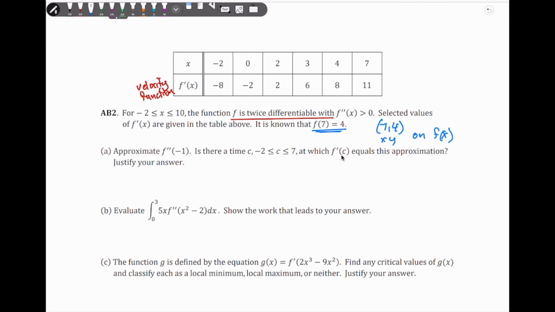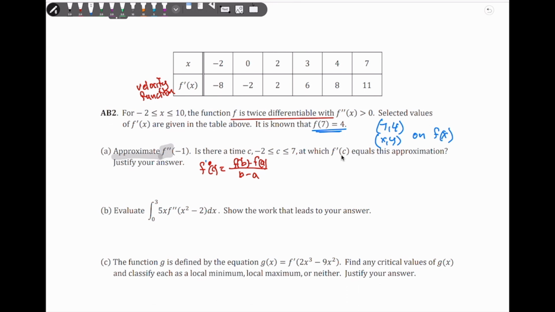So you could say the xy point on f of x is (7, 4). All right, so part A says approximate f double prime at -1. So we're going to find f double prime, and it says approximate. So this is that f prime of c equals f of b minus f of a interpretation, as far as the instantaneous rate of change equals the average rate of change, aka the tangent equals the secant. But this is talking about f double prime.